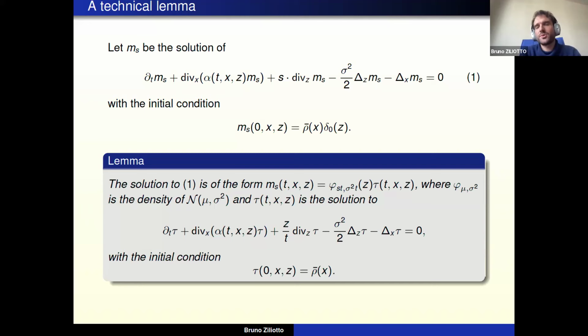And then given z, you have some functions where s does not appear. This product structure will be very helpful for the following. And then tau is just the solution of another Fokker-Planck equation, but where s does not appear. So this will be useful in terms of the existence result, because then you get very easily regularity in terms of s. And we will see that it will also be a determinant in proving uniqueness of the solution.